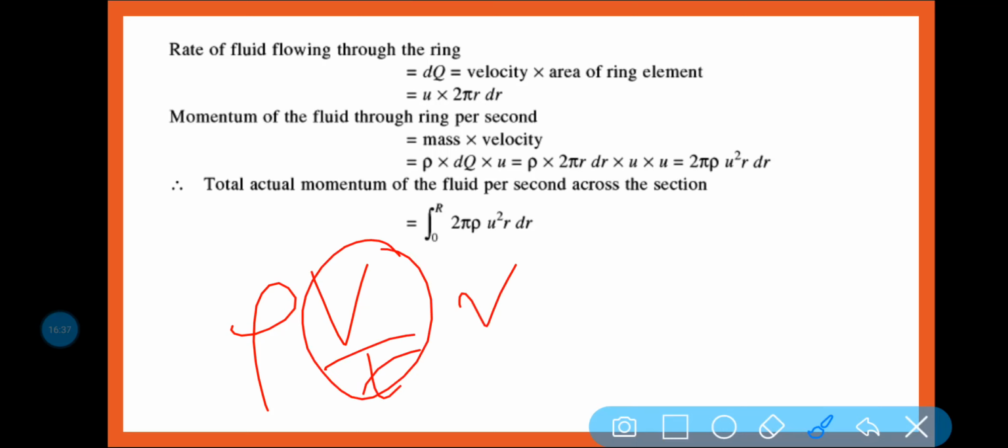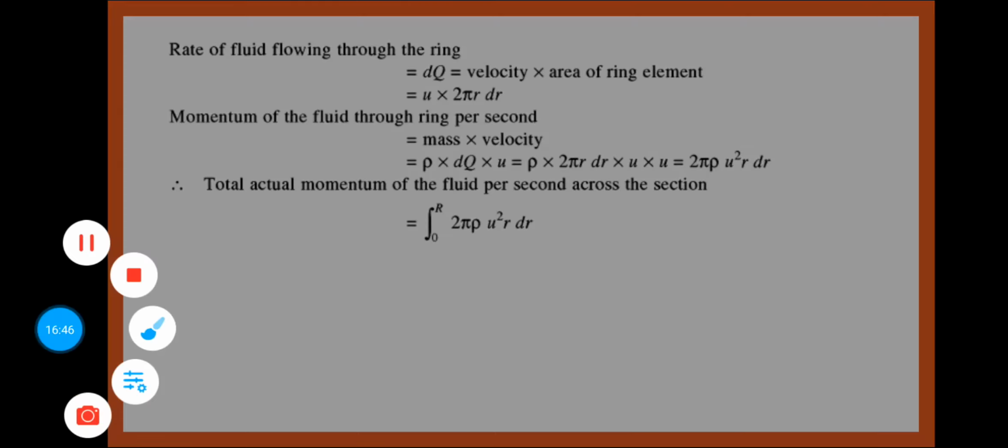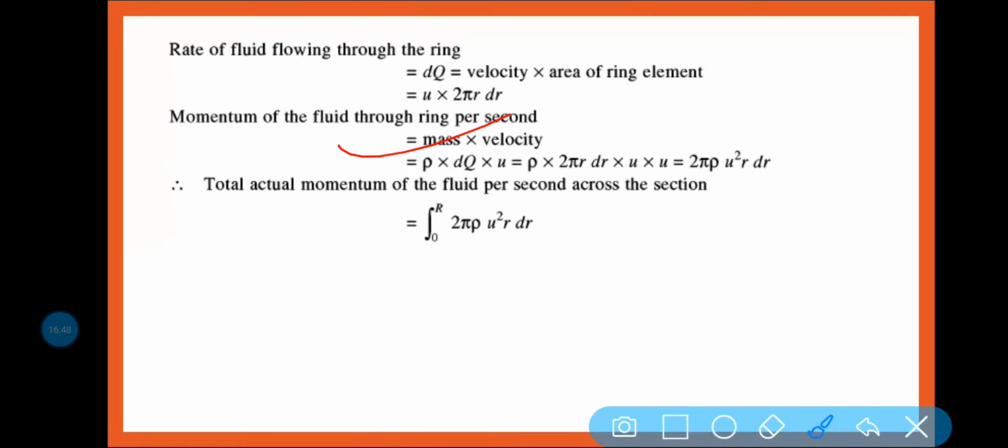So it is what? Rho Q into velocity u, and Q here is basically dQ. So rho dQ into u, that is the momentum. Okay, so rho into dQ is 2 pi r dr into u. So 2 pi rho u square r dr, that is the momentum.